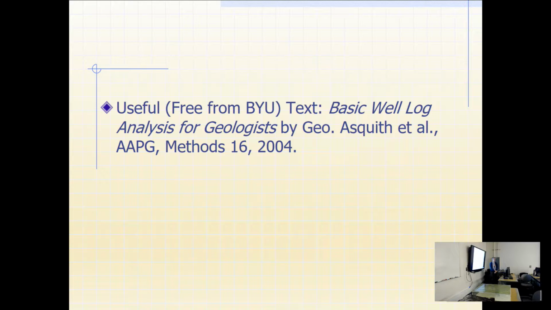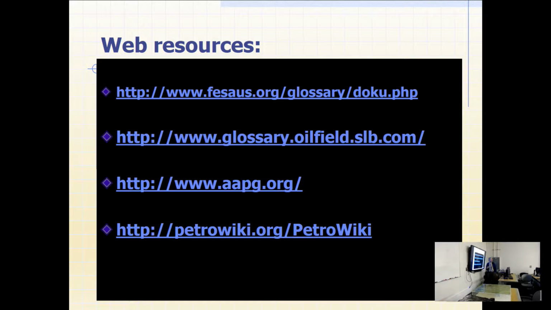If you take one of their courses that lasts 4 or 5 days and is very expensive, that's the book you will use. It's available online for free. You can buy it if you want. I don't know what the list price is anymore, $50, $60. If you're a member of AAPG, you can get it fairly cheaply. But what I recommend is that you use online resources.